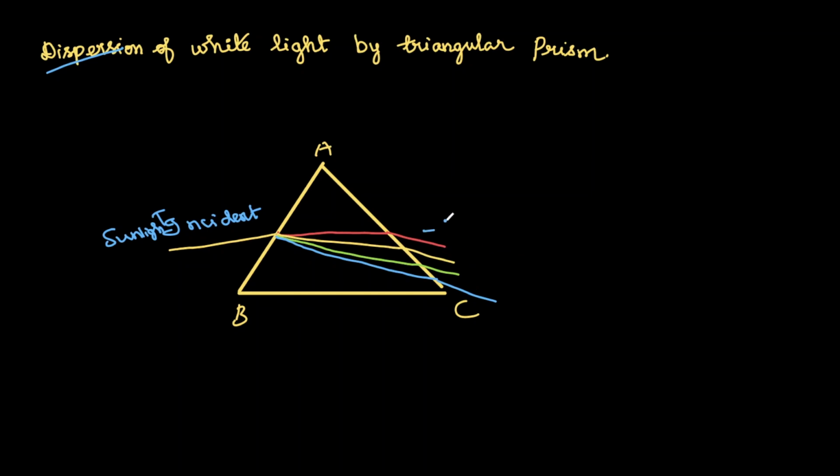Red light bends least, but blue light bends most. It forms 7 bands of colors. That band of colors is called a spectrum. The process of making a spectrum is called dispersion.